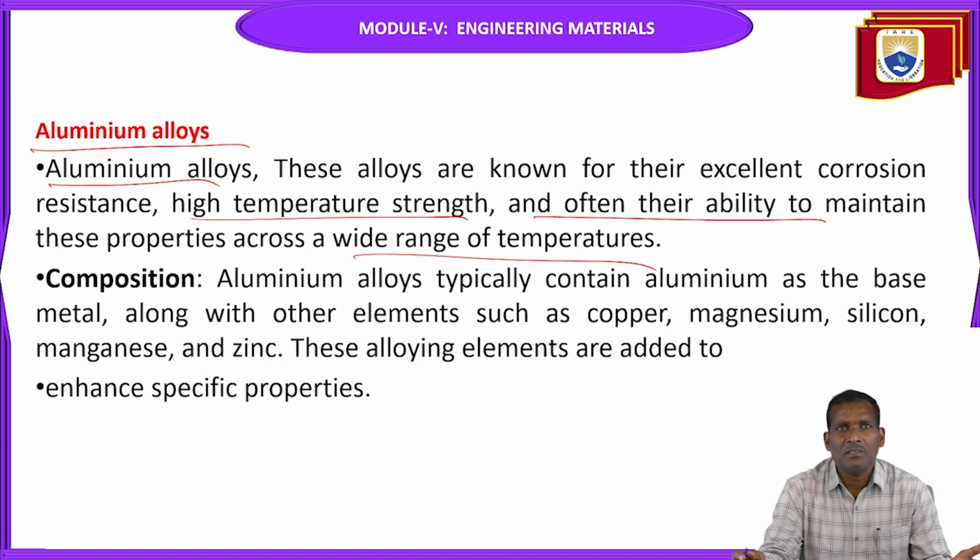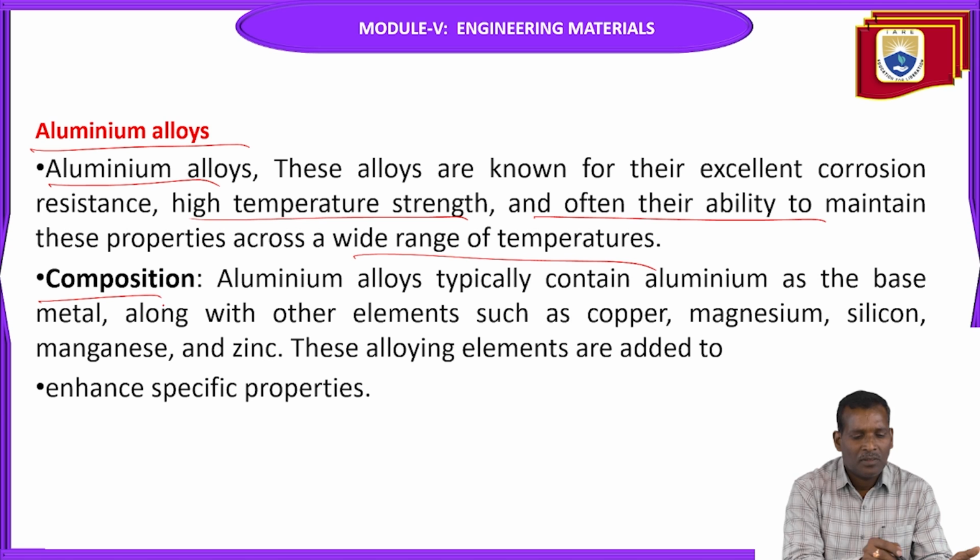Corrosion means rust formation on the surface of the metal whenever the surface is exposed to environmental conditions. Now the composition.